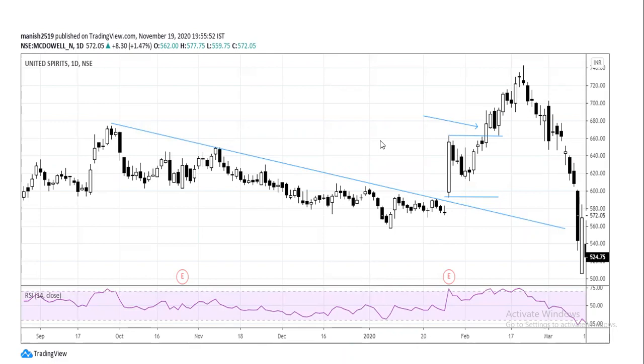Okay, there is some connectivity issue. Okay, please check now. Is it fine?